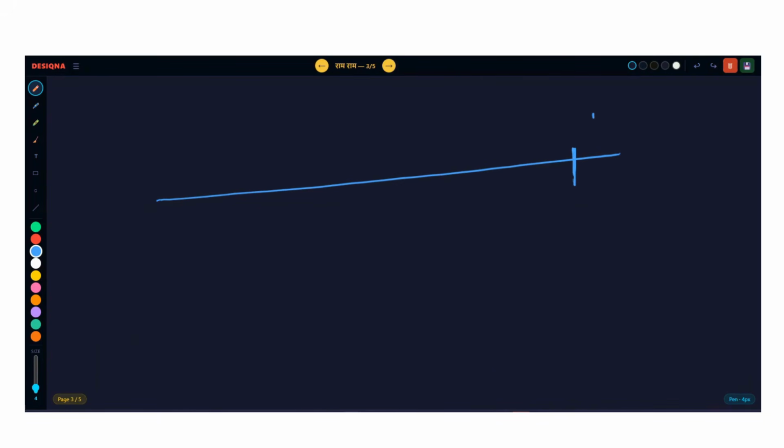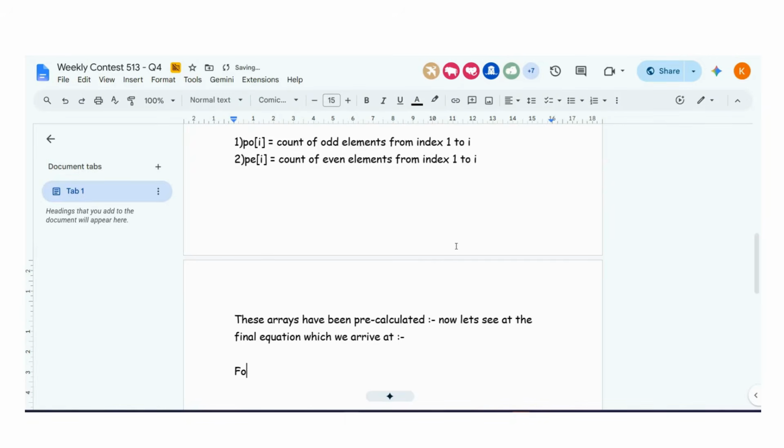For each index J, what will you do? You will try to find the count of valid I such that I to J is a good subarray.